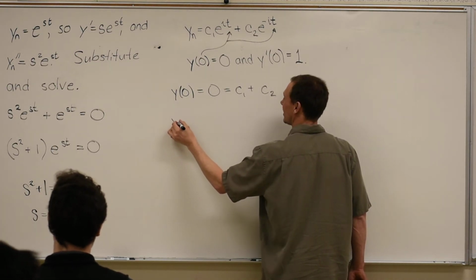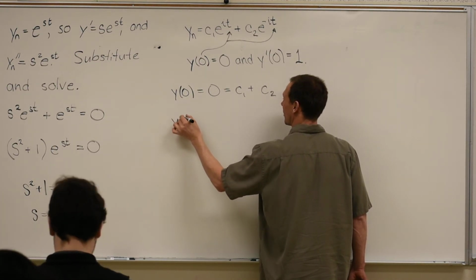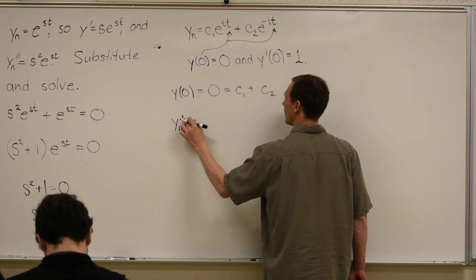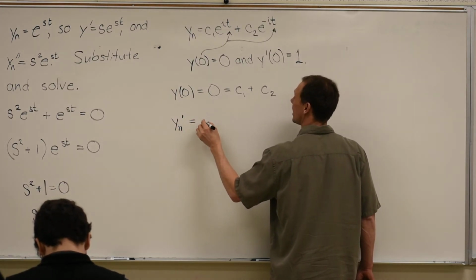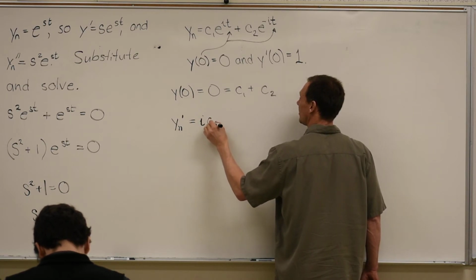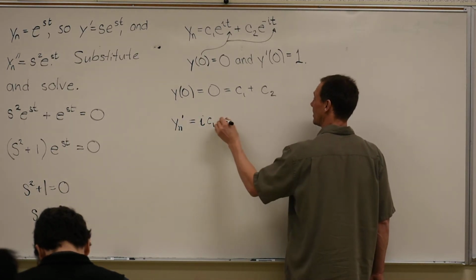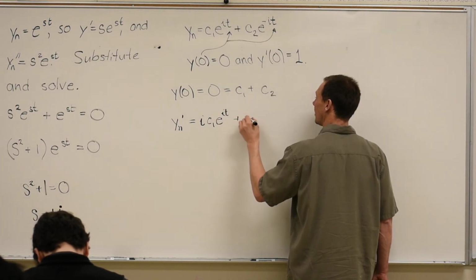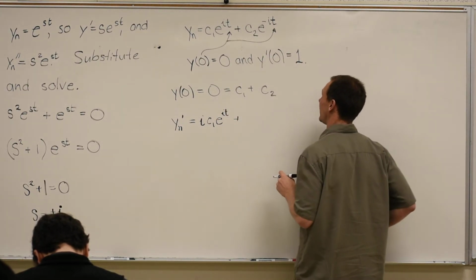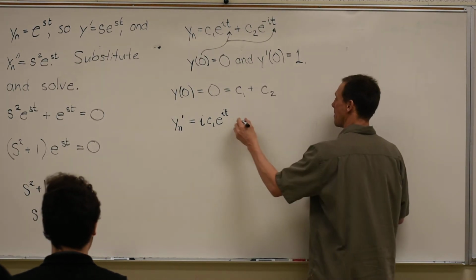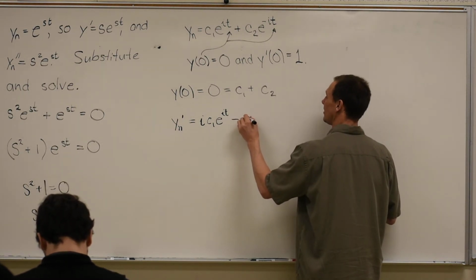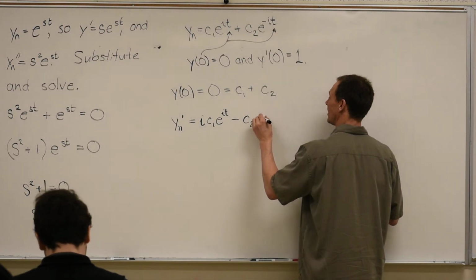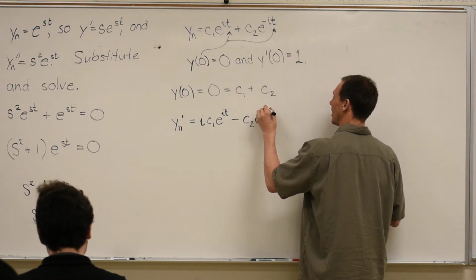So let's do that. We're going to take y null prime. y null prime is going to be i C1 e to the i t minus i C2 e to the minus i t.